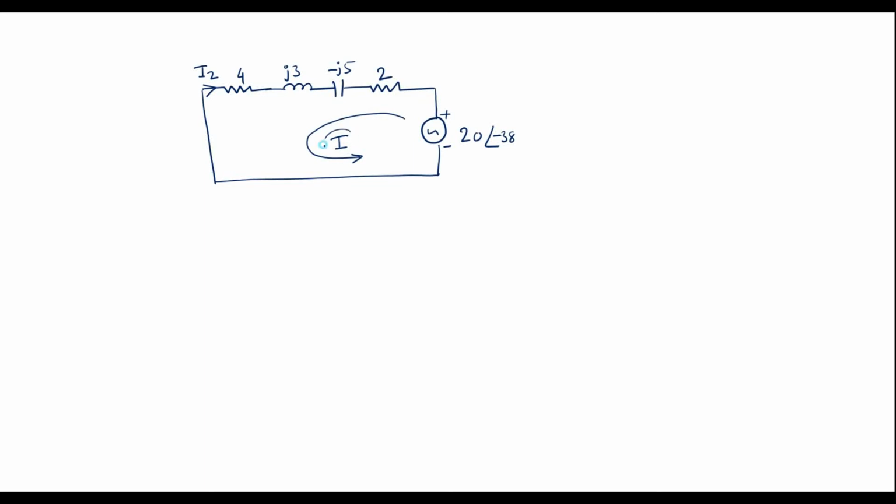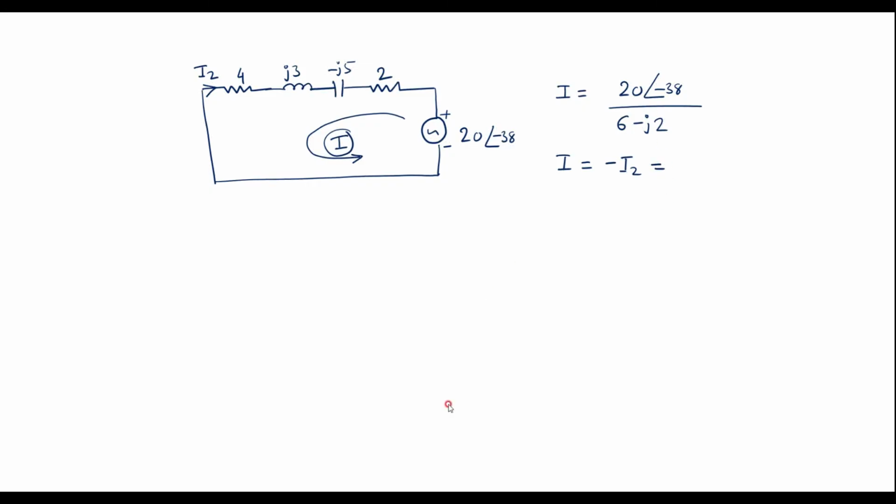I will call it as I. So I can say I is equal to 20 angle minus 38 divided by sum of this, that is 6 minus J2. Here I and I2 are opposite, that is nothing but I is equal to minus I2.